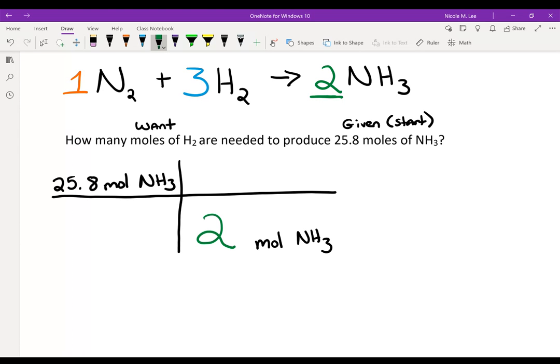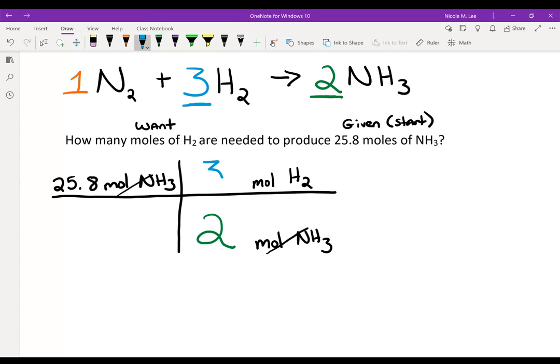Well, that's great. That allows my moles of NH3 to cancel, but what am I solving for? What molar ratio do I need to use here? Well, I wanted to solve for moles of H2. So moles of H2 are going to go up top. And what number is going to go in front? Well, from my balanced chemical equation, I have a 3.